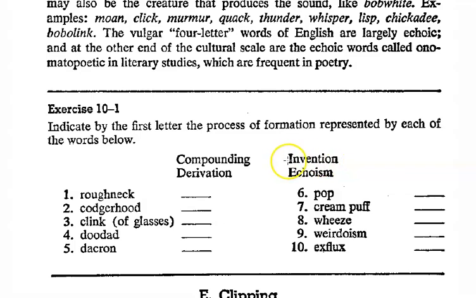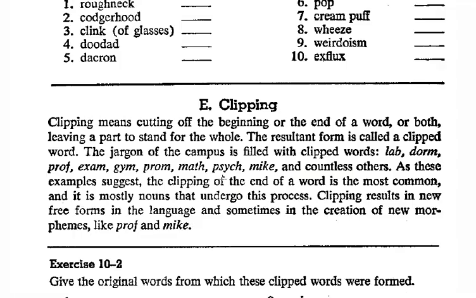Invention is to create totally new words. Echoism is to create a word from the sound, and the sound suggests the meaning.